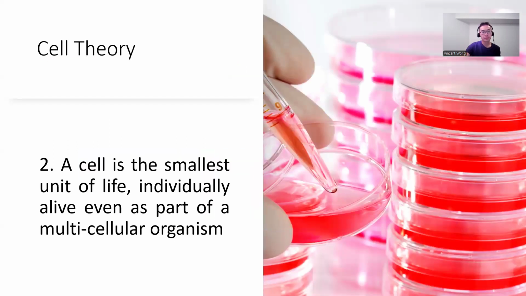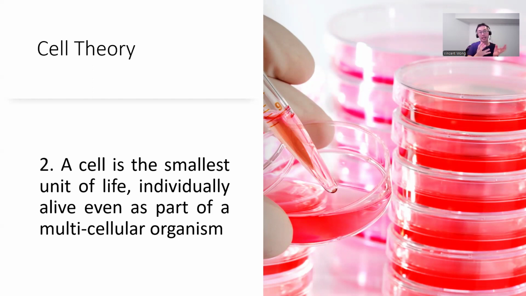Part 2. A cell is the smallest unit of life. We already briefly talked about that. They have the properties of life, but more importantly, they are individually alive, even as part of a multicellular organism. All the cells in your body have life on their own.